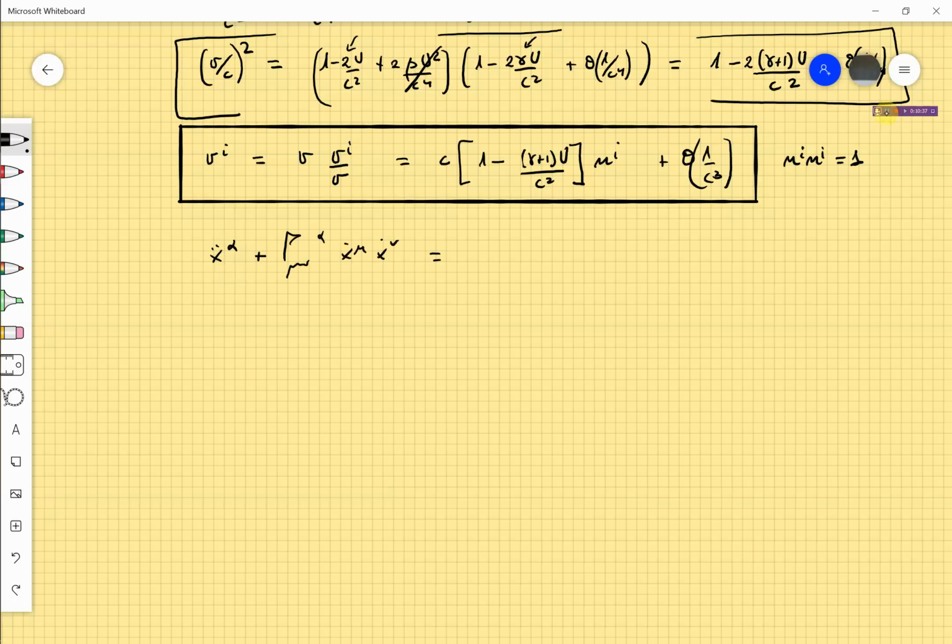Now this is not 0, it's some function times ẋ^α. This is the geodesic equation in an arbitrary non-affine parametrization, which is the case because now ẋ is the derivative with respect to the coordinate time. So now we split this equation into 2, for α equal to 0, and for α equal to i.